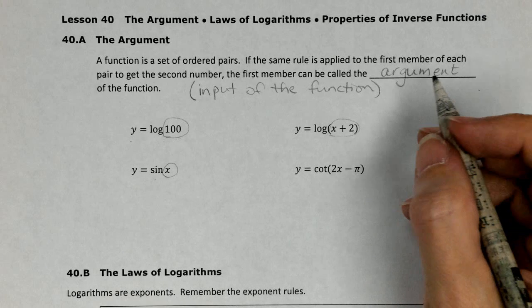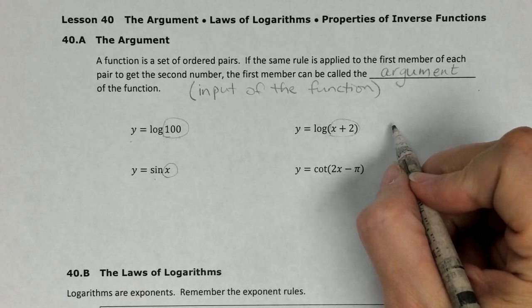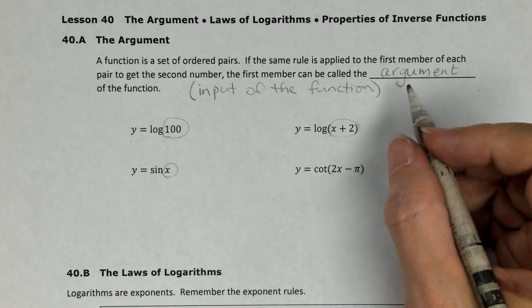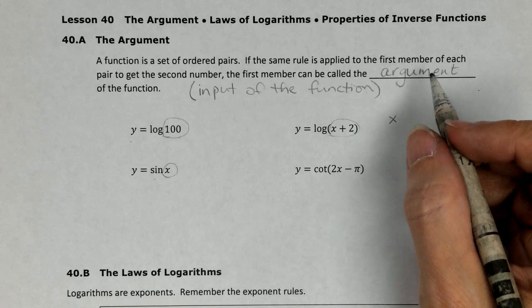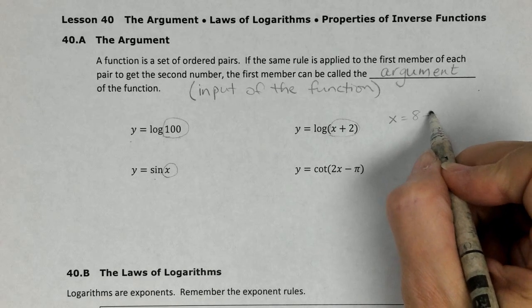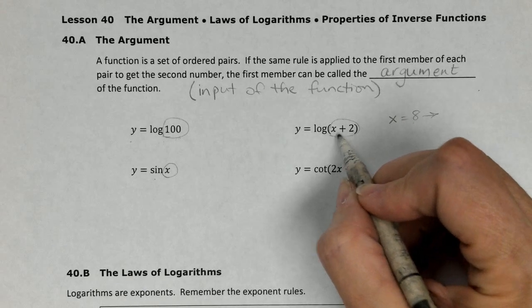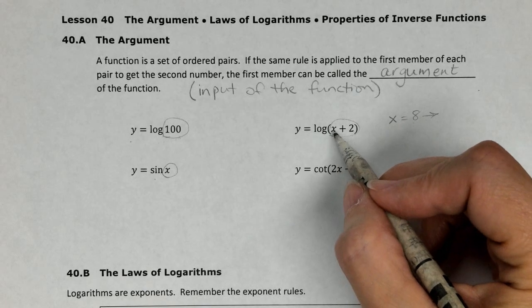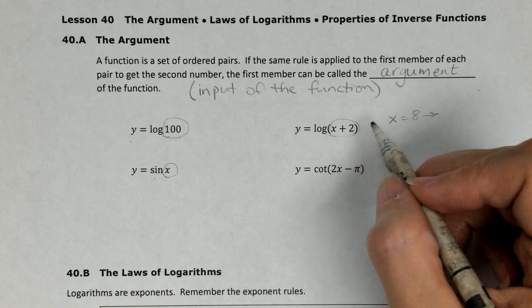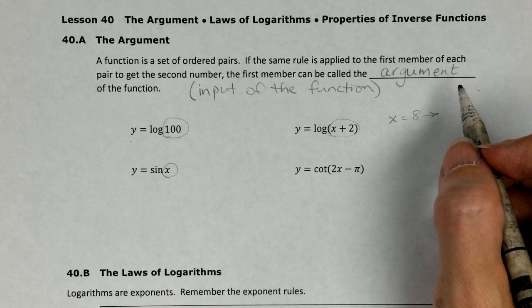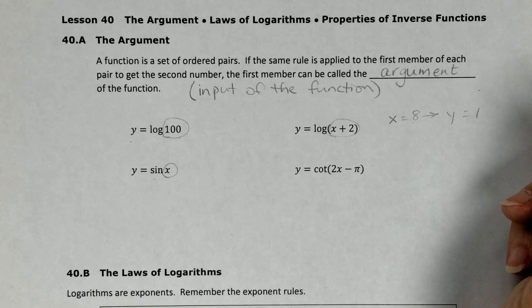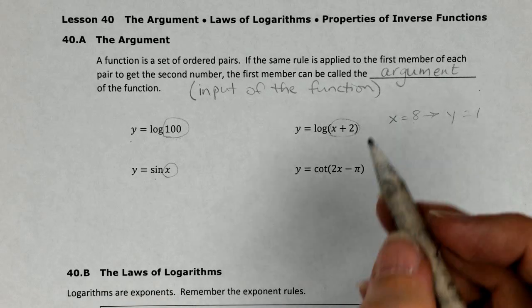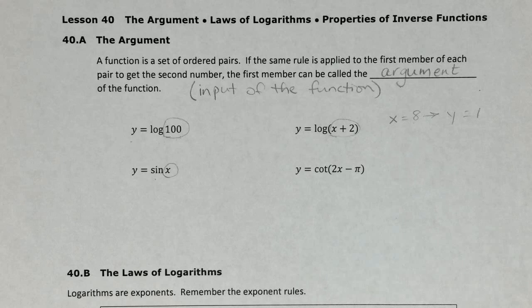So for this one, just for instance, if x equals 8, then we have the logarithm base 10 of 10. Well, 10 to what power equals 10? So it would be 1. Y would equal 1. And you could pick other values for x and put them into there. X plus 2 is the argument.